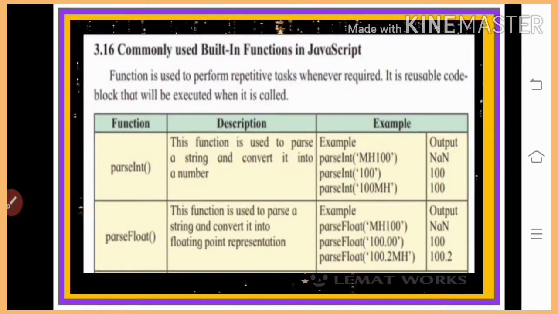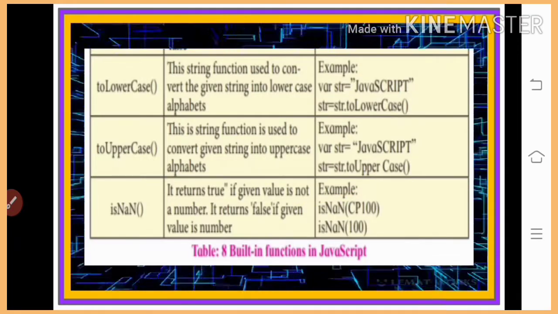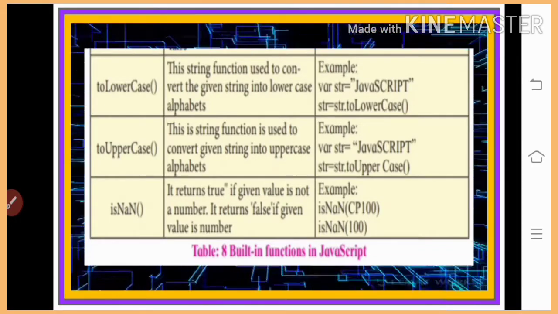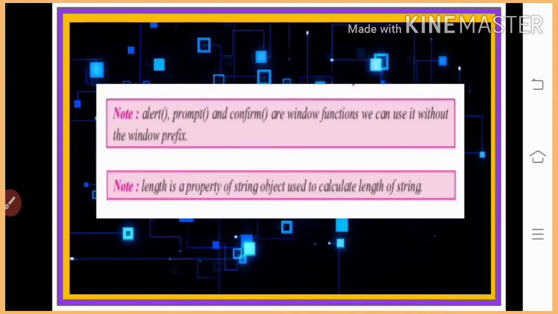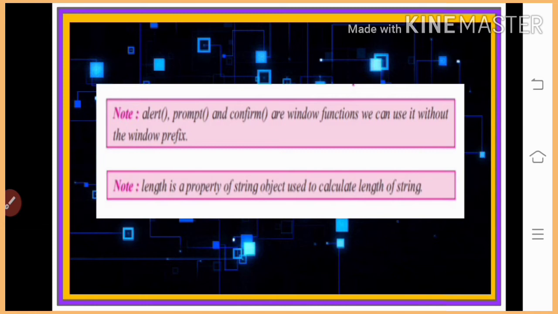So dear students, in this part we have discussed commonly used built-in functions in JavaScript such as parseInt, parseFloat, alert, prompt, confirm, toLowerCase, toUpperCase, isNaN. So these are the commonly used built-in functions in JavaScript. Length is a property of the string object used to calculate the length of a string.